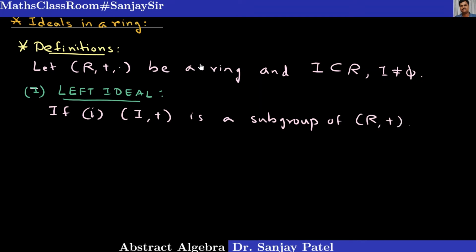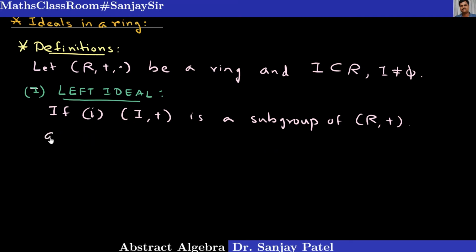You know R is a ring, and with these two operations of addition and multiplication, and we also know from the definition of ring that R is an abelian group with respect to addition. So what we want is this set I must be a subgroup of R plus.